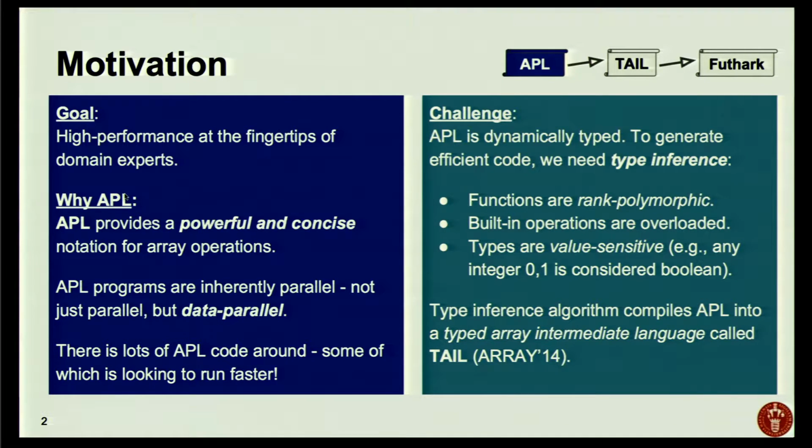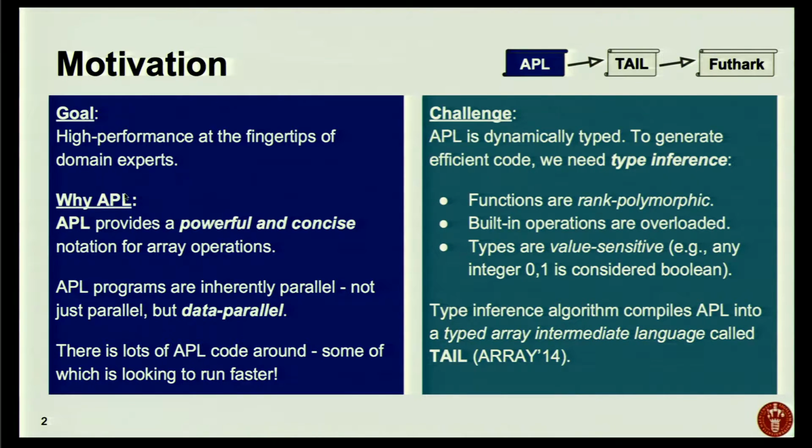That's really the essence. But we need to do something else to generate efficient code. We need some type inference at the very front to make sure that we have information about ranks, information about the data that's stored in these arrays, and so on.